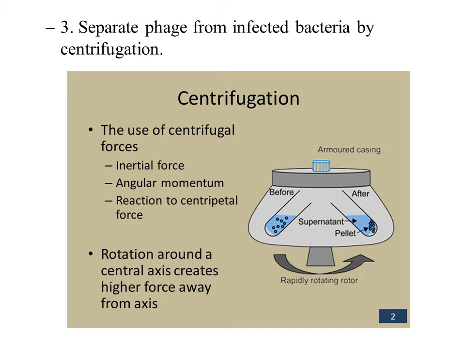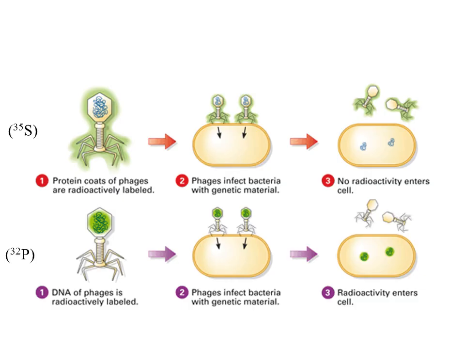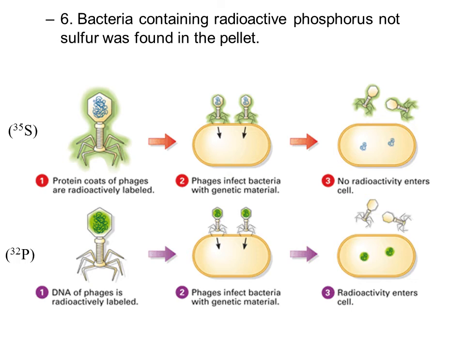Now we have the bacteria by itself. Test the supernatant for your phage to make sure the phage is actually in the supernatant. Then test the pellet for the bacteria. The bacteria would then be lysed with detergent.